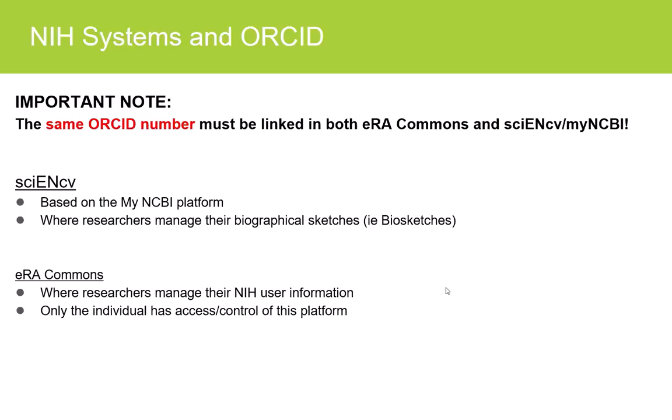So it is not uncommon for people to have multiples. That is fine. There is a way and a method to consolidate them into one. If you find yourself in that situation, you're welcome to contact the library. We can help walk you through that step. ORCID offers some help on their website as well. But the important thing is that you pick one and you link it to your ERA Commons, and then you have to link it to the other platforms. That's the most important thing.